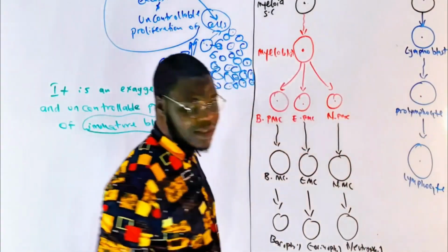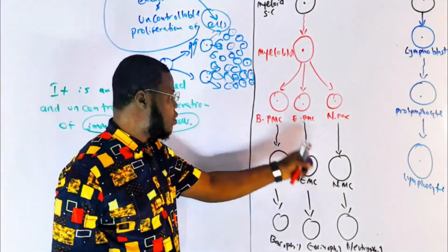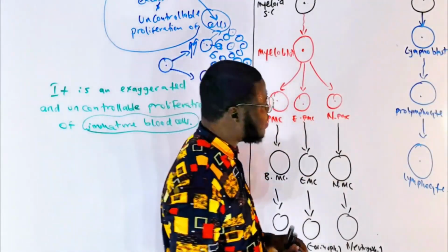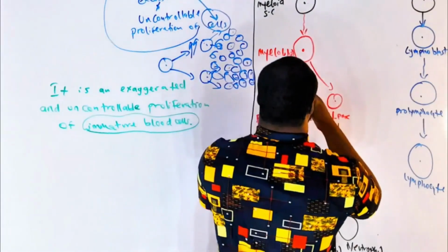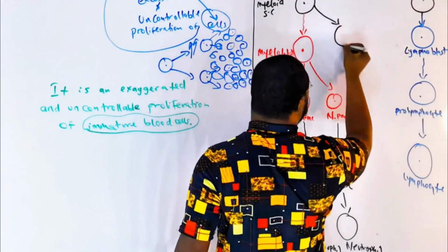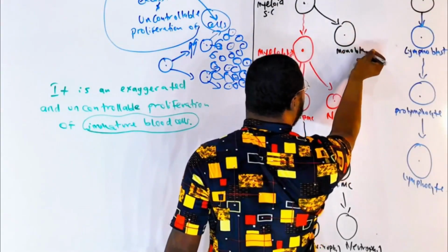Now, this is just a schematic diagram, not a real diagram of these cells. You know they have the nucleus, and the nucleus is not going to be this dot. So, aside from that, you have one more cell to differentiate into, and that is the monocyte. Firstly, it becomes the monoblast.